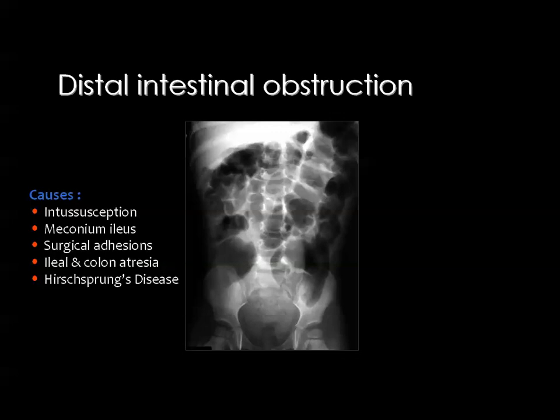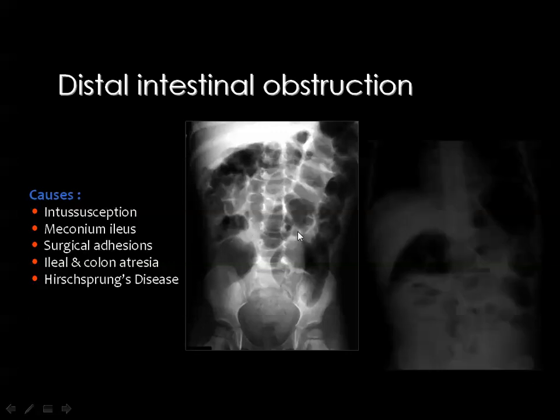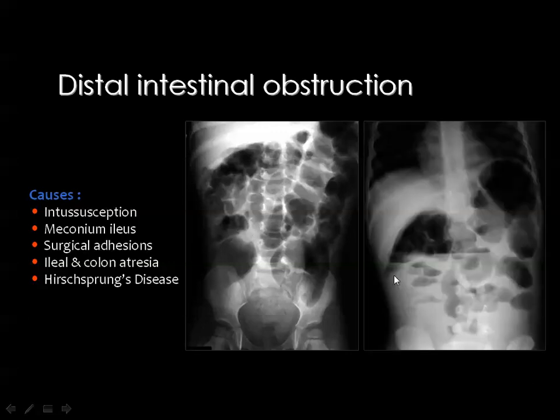Then we came to intestinal obstruction, and in intestinal obstruction we got dilated bowel loops filled with gases, and if you have the erect film, you got multiple air fluid levels, this means that you have an intestinal obstruction, and the causes are a lot, including intussusception, meconium ileus, surgical adhesions, ileal and colonic atresia, and Hirschsprung disease.